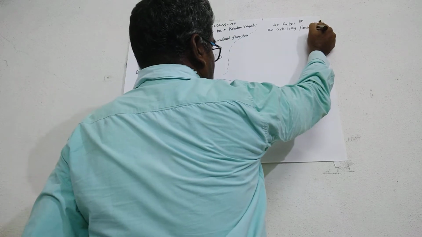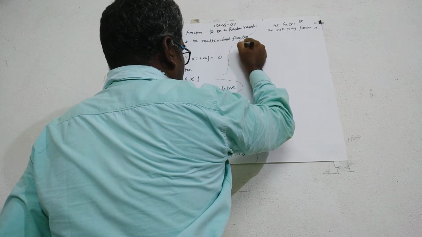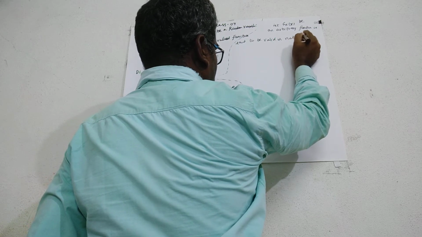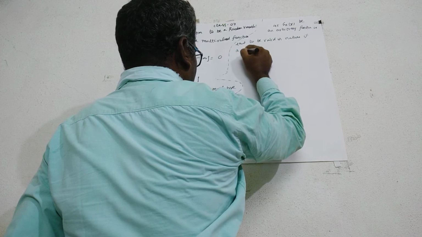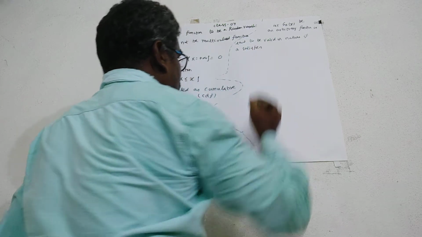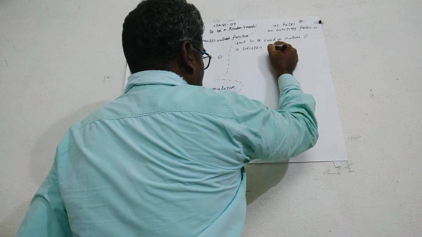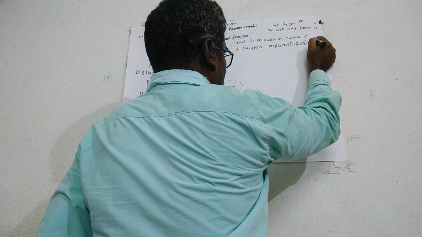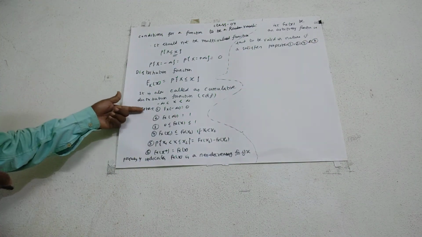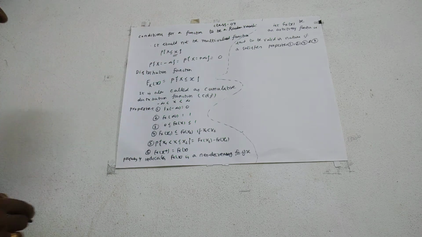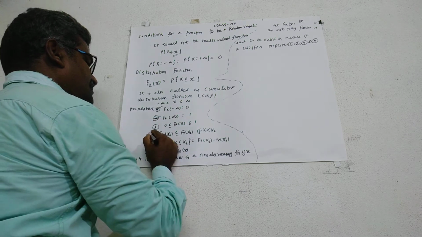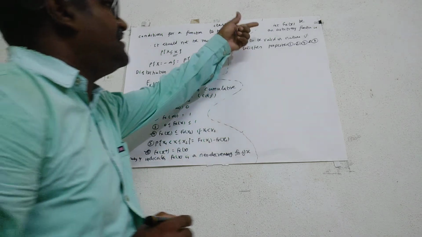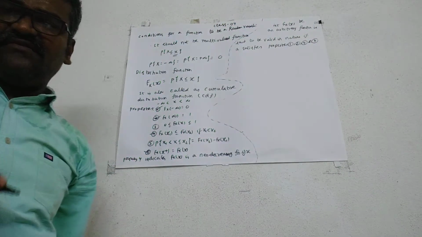An arbitrary function is said to be valid in nature if it satisfies properties 1, 2, 4 and 6. Observe here, how many properties are there? 6 properties. Among these, if it satisfies properties 1, 2, 4 and 6, where we put some tick marks, if all these properties are satisfied, then you can say an arbitrary function Gx of x is a valid distribution function.